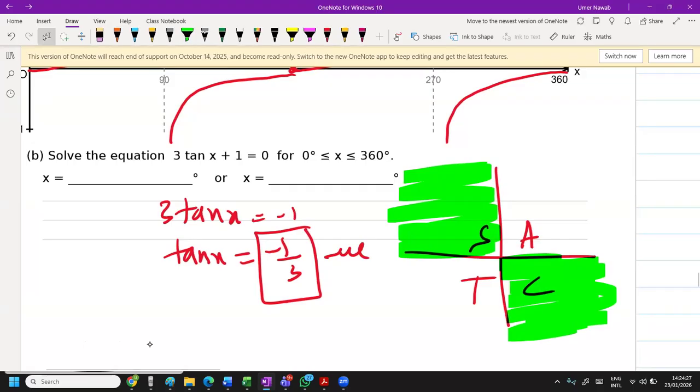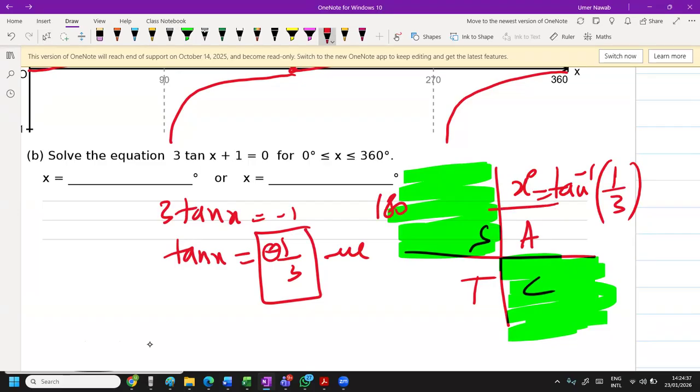But can I get my basic angle? In order to get my basic angle, ignore the negative sign. Don't write it in the calculator, just write 1 over 3. And now to transfer the angle into the second quadrant, 180 minus inverse tan of 1 over 3. And the fourth quadrant is 360 minus inverse tan of 1 over 3. And that will give you your answer.